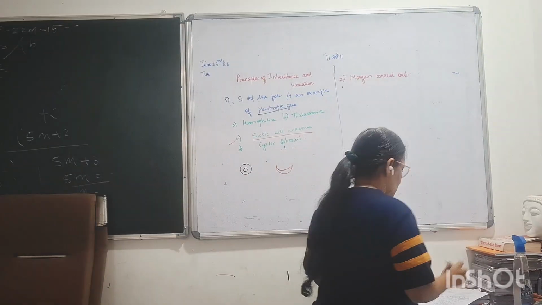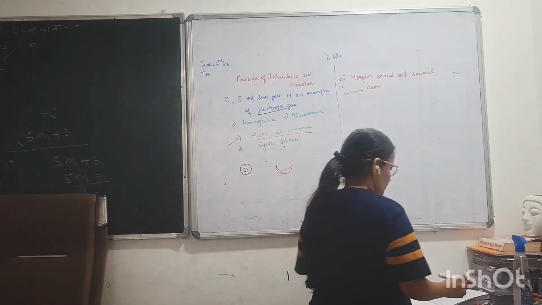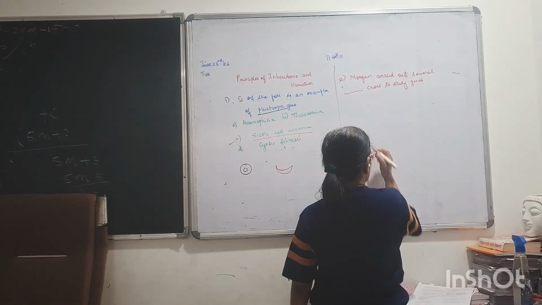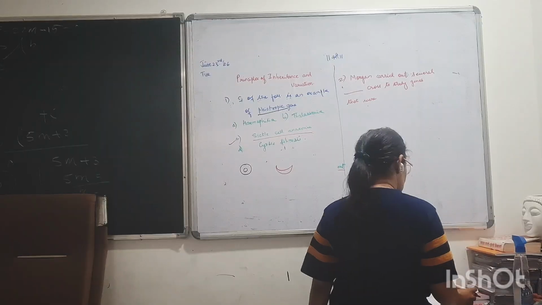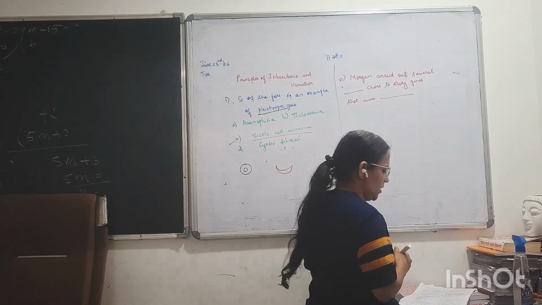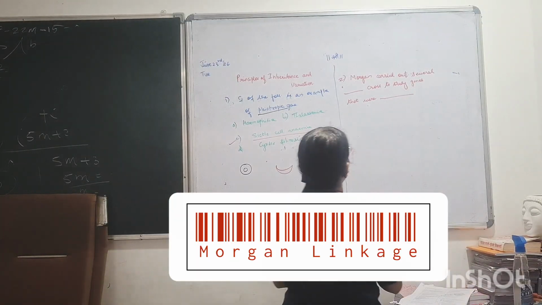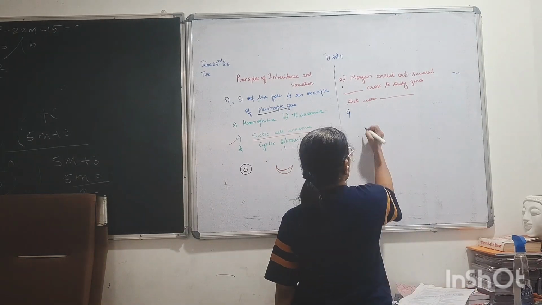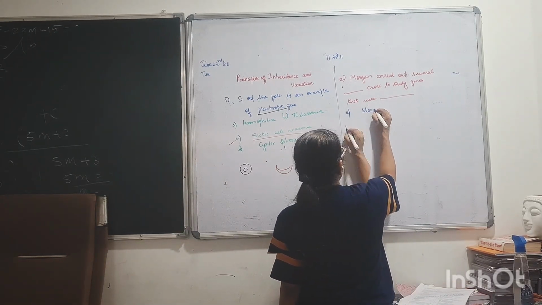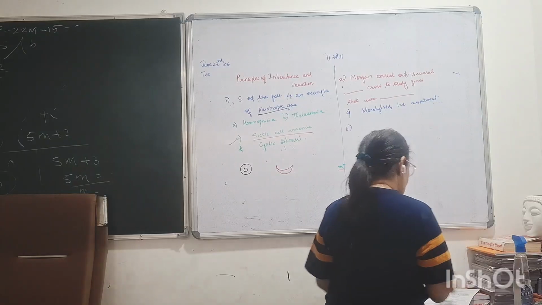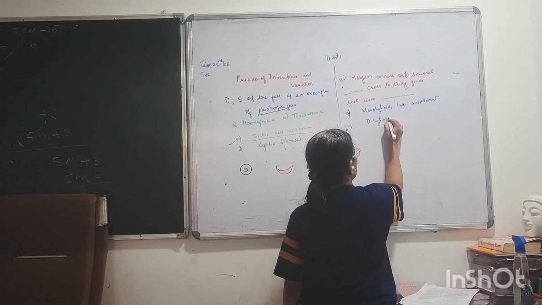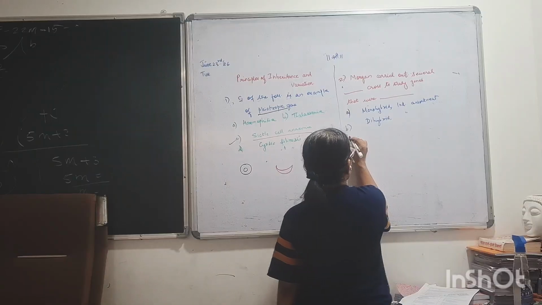Next question: carried out several dash cross to study genes that were dash. So you have to fill in these two blanks. Option A is monohybrid, independent assortment. Second option is dihybrid, independent assortment.